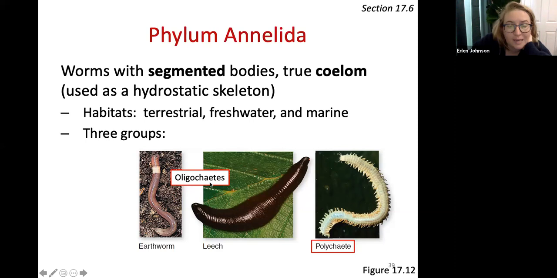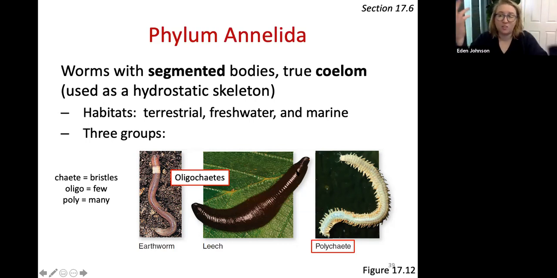You have oligochaetes and you have polychaetes. Now, the difference is that a chaete is talking about those bristles that I told you all of these organisms would have. Oligo means few, so you've got few of these bristles in the earthworms and the leeches. They're small, they're difficult to see, they are reduced in size, and there aren't very many of them.